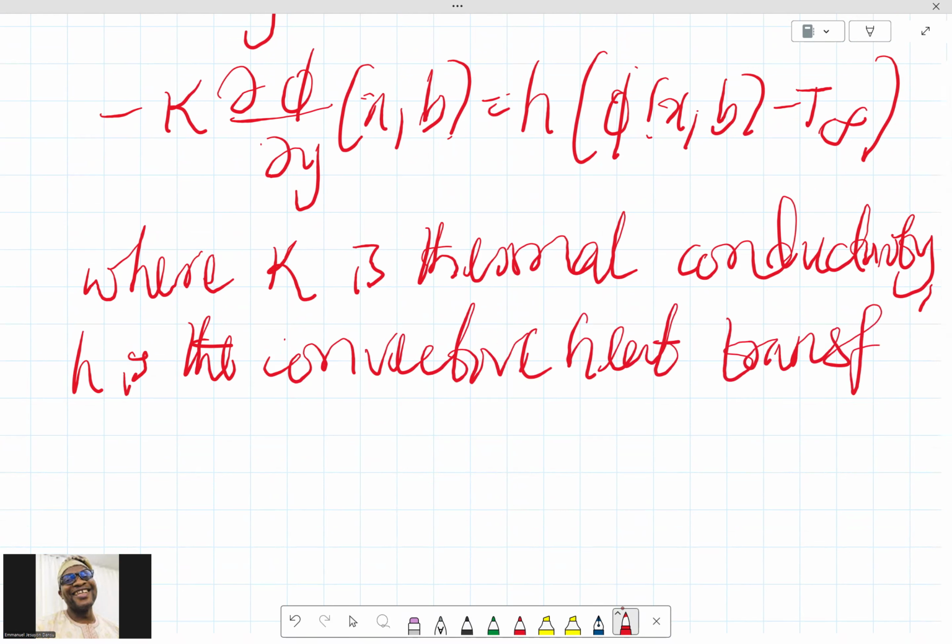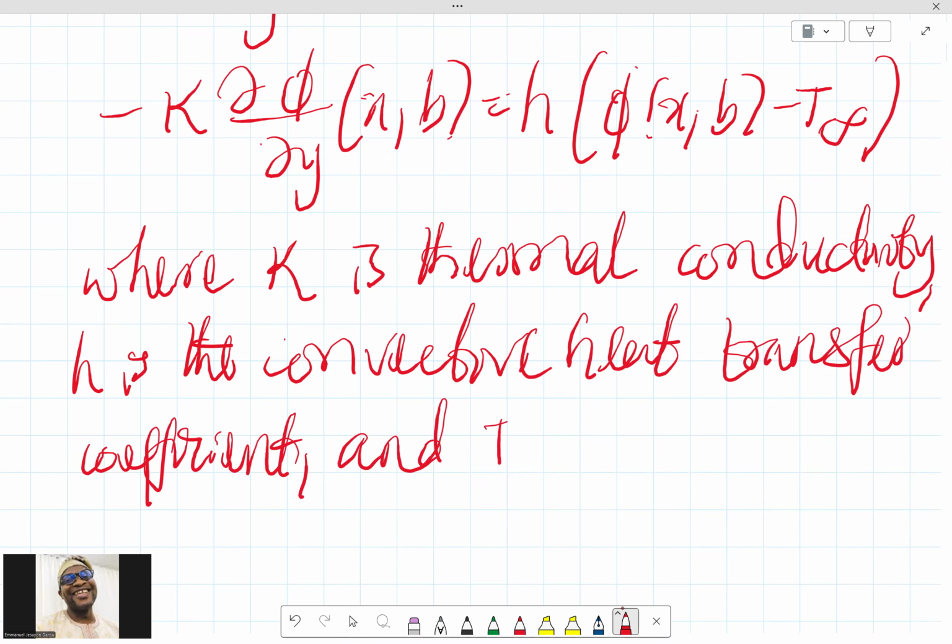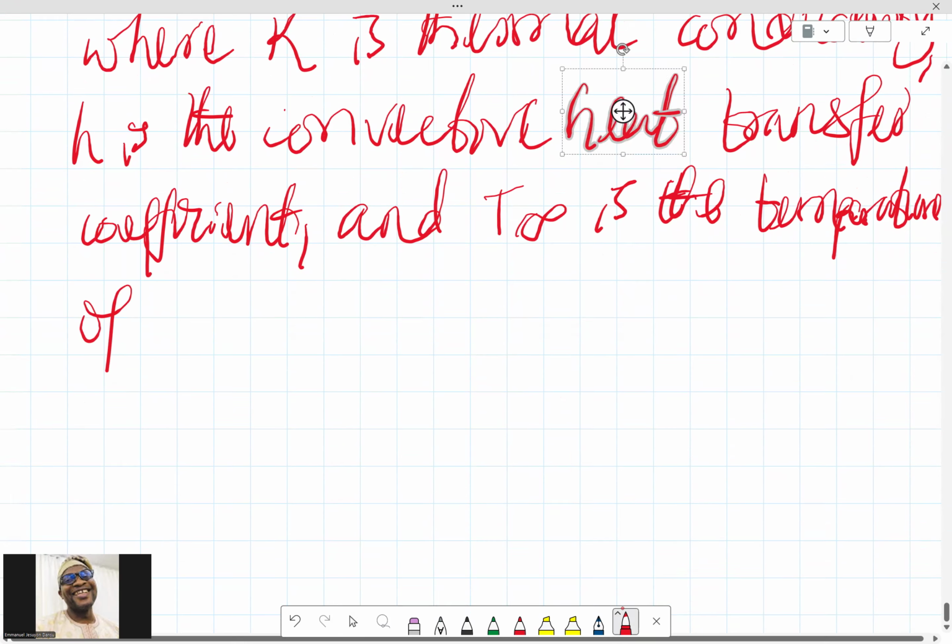And T infinity is the temperature of the surrounding environment.